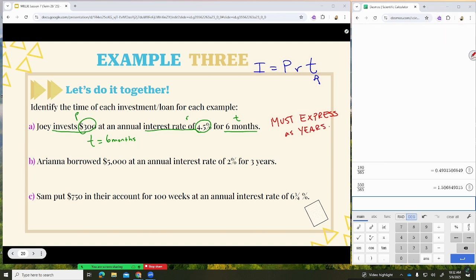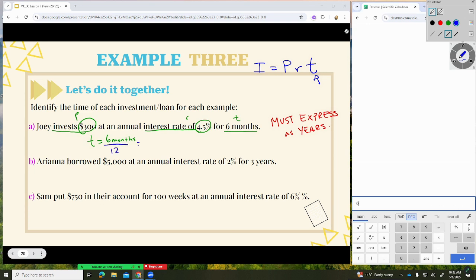So how do we turn 6 months into a year? We need to divide by 12 because there are 12 months in a year. 6 divided by 12 is 0.5. That means half a year.